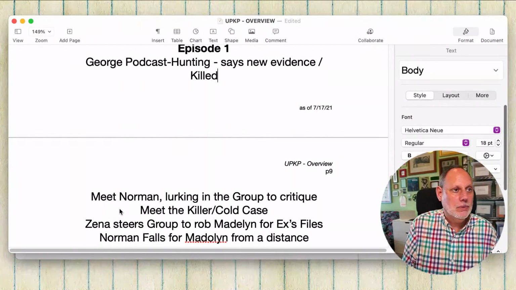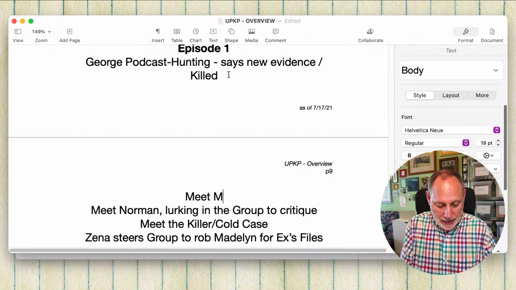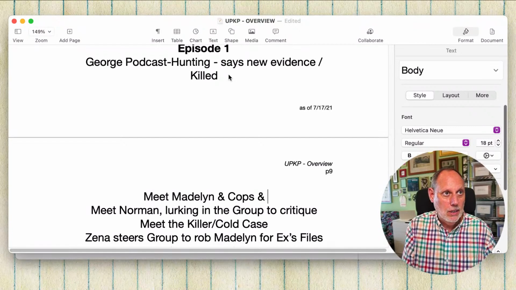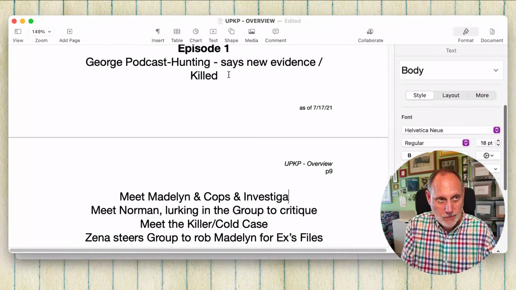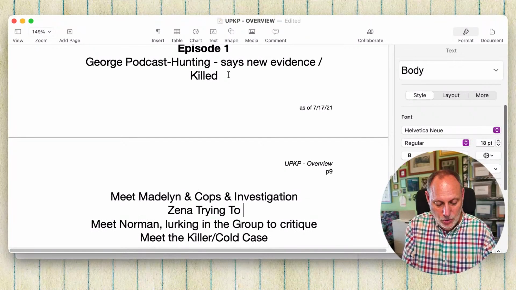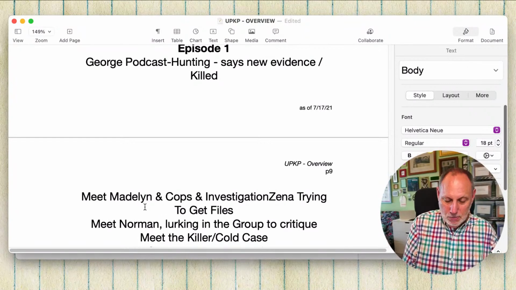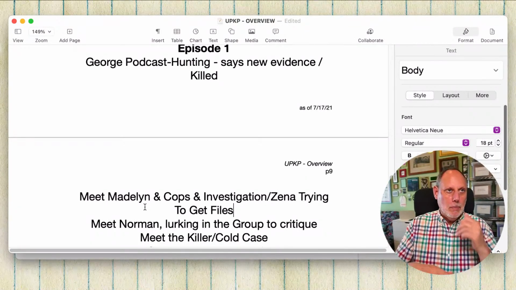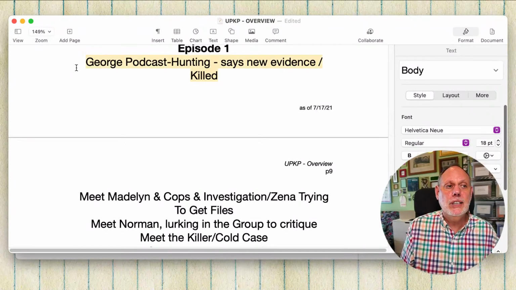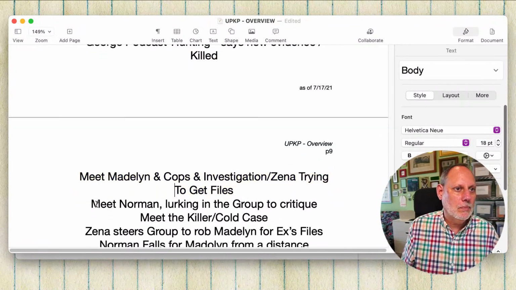The next sequence is meet Madeline and cops and investigation. Xena trying to get files. I'm probably going to keep Xena bugging Madeline in there. But the first sequence, now the thing is, this could be several scenes.